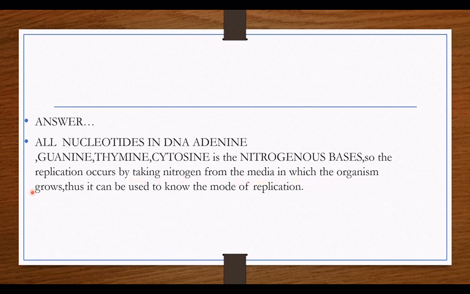Thus, it can be used to know the mode of replication. So why not phosphorus? Other scientists did experiments with phosphorus, but P32 is decaying phosphorus and it is not as stable as the nitrogen isotope. So they took nitrogen into consideration.